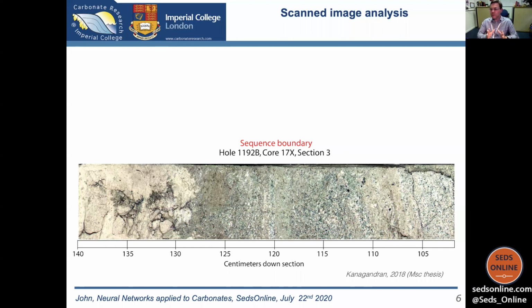What we can do is use scanned versions of thin sections or cores, and we'll focus on cores for this particular talk. So we'll use things like this, high resolution core scans, mostly from the Ocean Drilling Program. And we'll use automation to do the work for us.